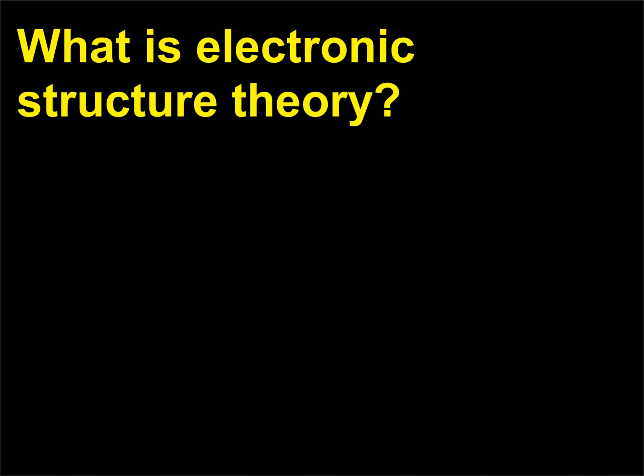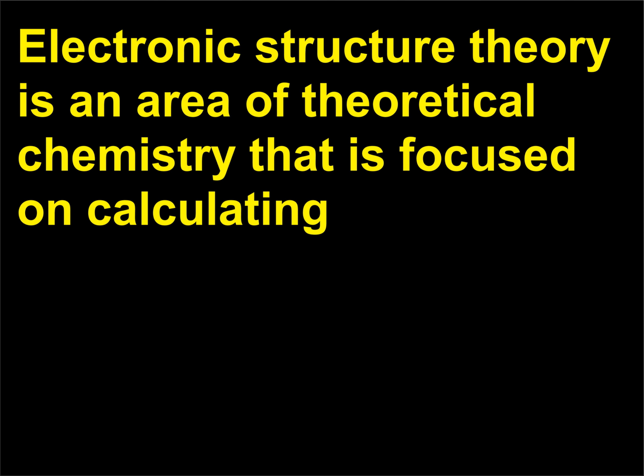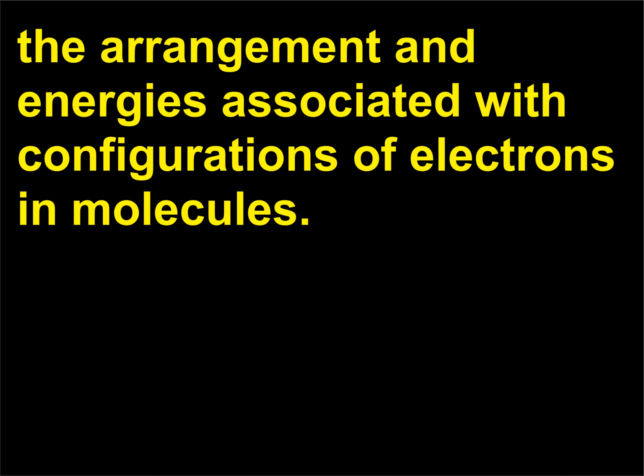What is electronic structure theory? Electronic structure theory is an area of theoretical chemistry that is focused on calculating the arrangement and energies associated with configurations of electrons in molecules.